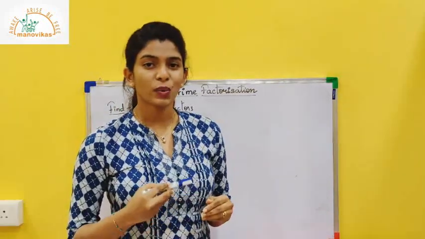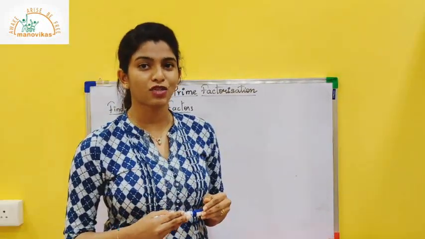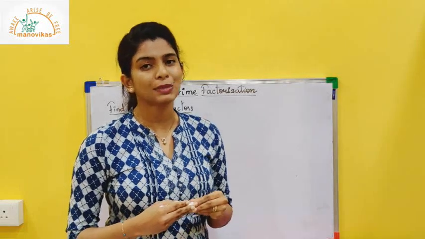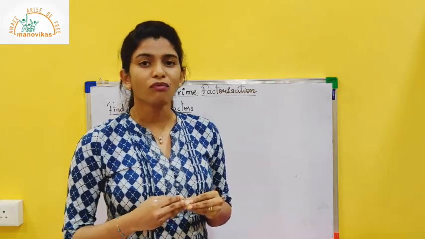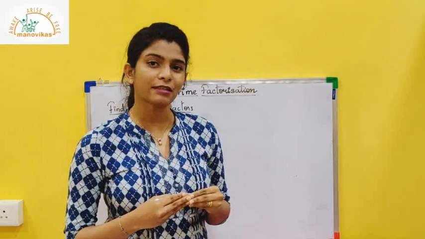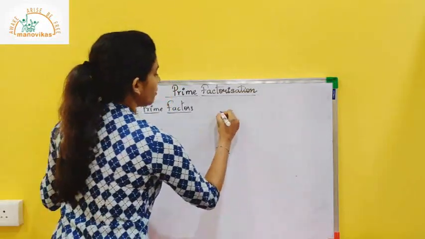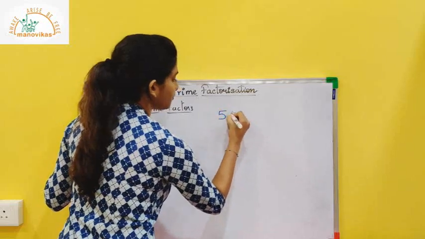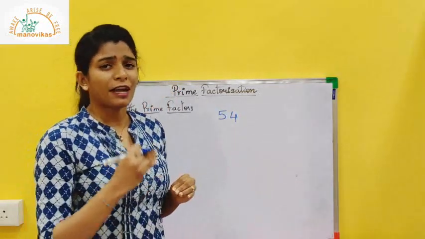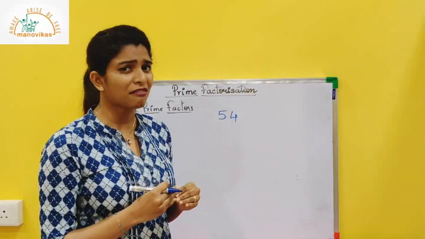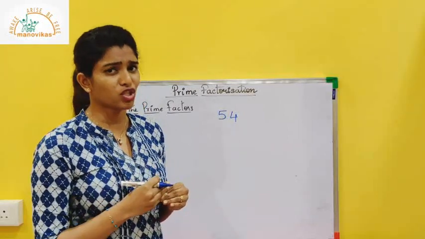Students, just now we learned how to find prime factors of a given number by the repeated division method. Now we will learn to find prime factors by the factor tree method. Okay, now I will write a number here, 54. Now the factor tree method is the same method as we did for the repeated division method.